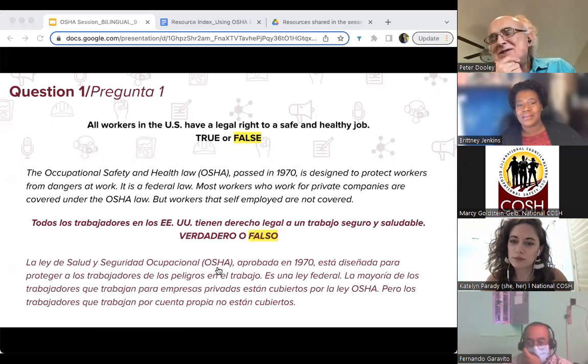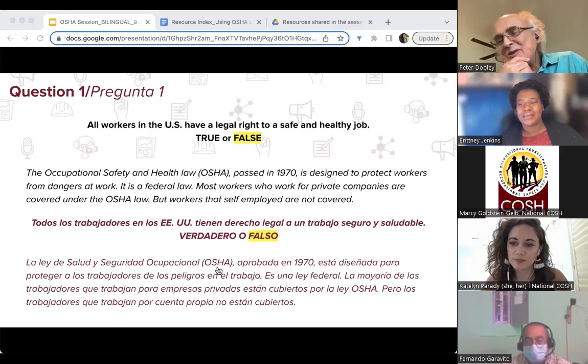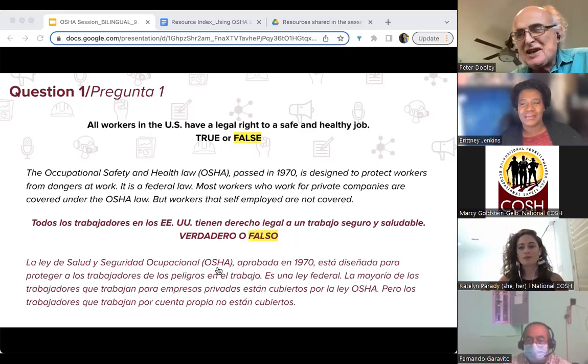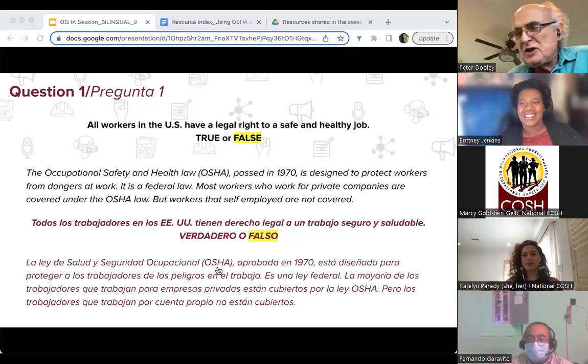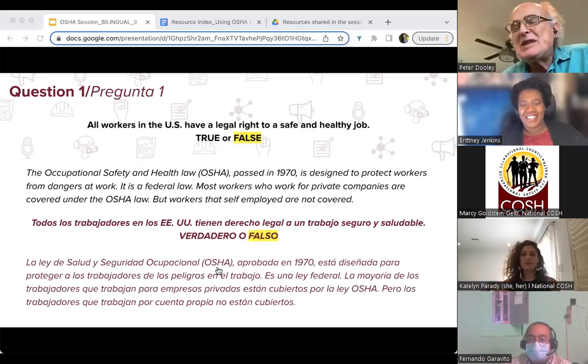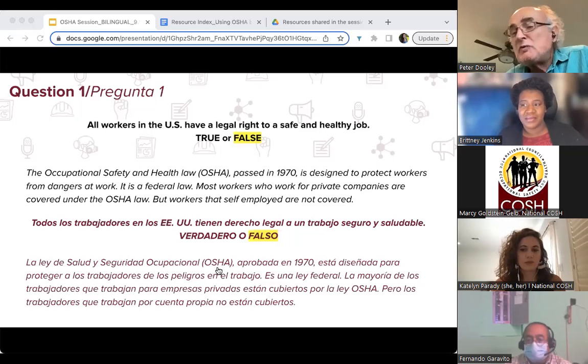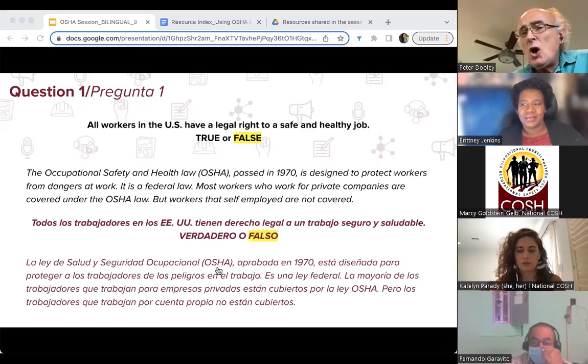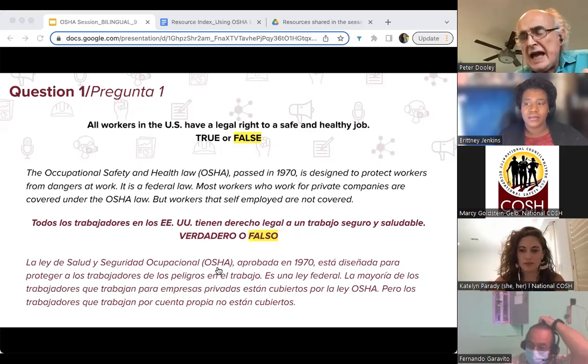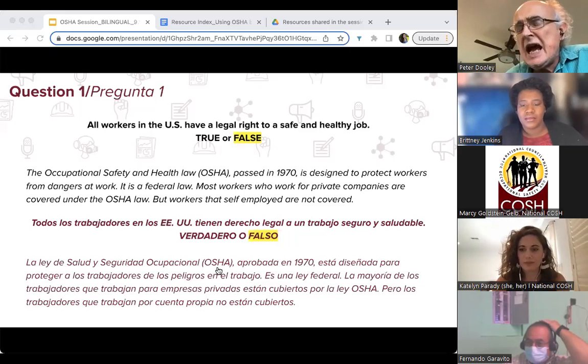Several of the questions are kind of trick questions in lots of ways, right? But it's meant to get us thinking about these issues. And in fact, for one thing, all workers are not covered under OSHA, right? OSHA is very specific in terms of its coverage, which was part of the Congressional Act passed in 1970.